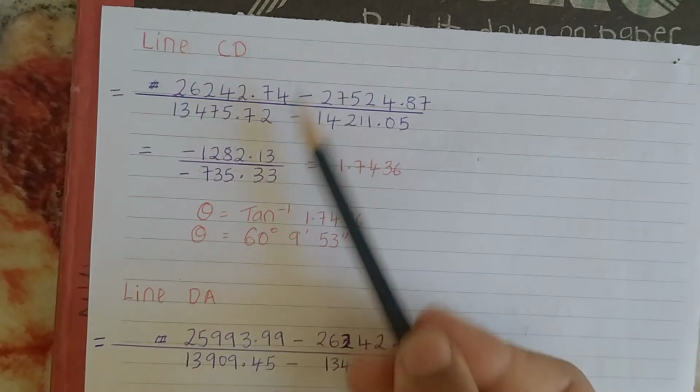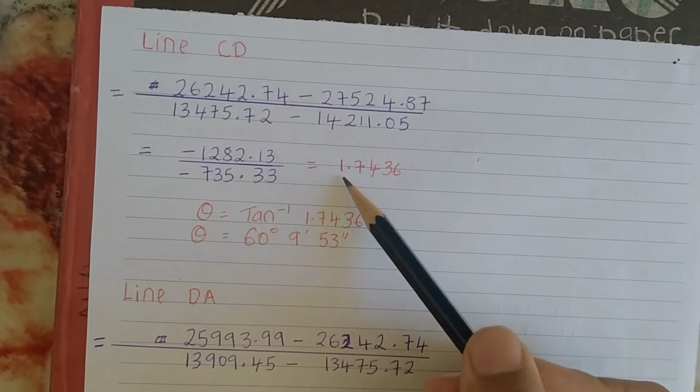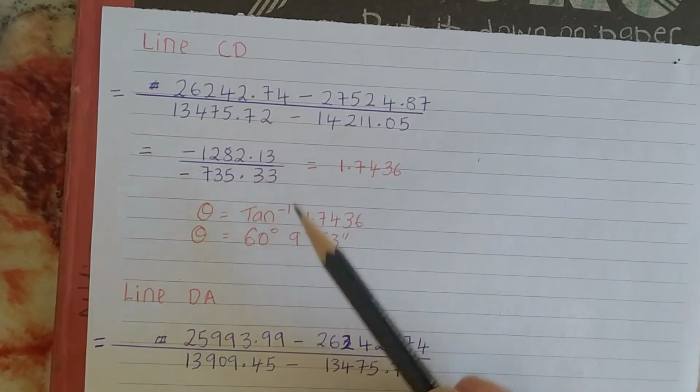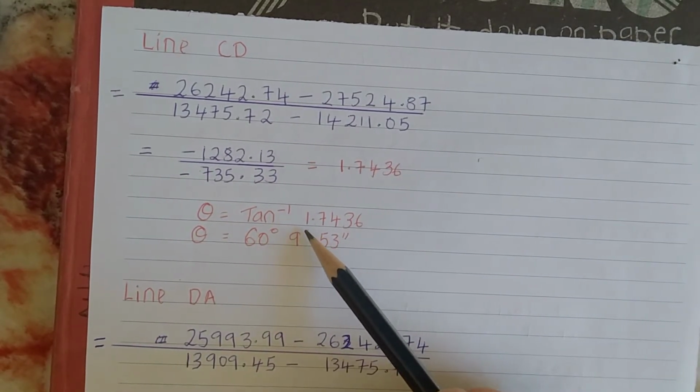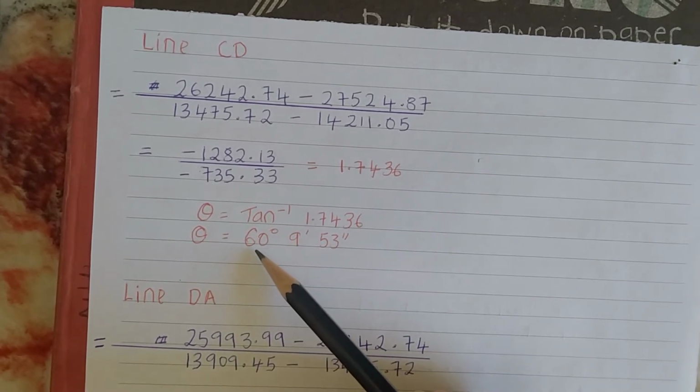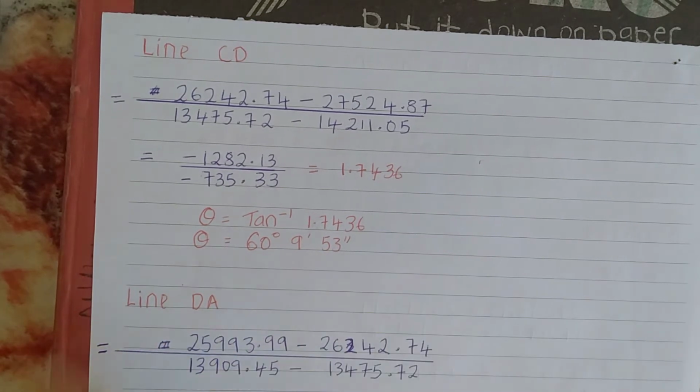So when you work out, you'll get 1.7436, and then when you find the tan inverse of 1.7436, you'll get your bearing, which is 60 degrees 9 minutes and 53 seconds.